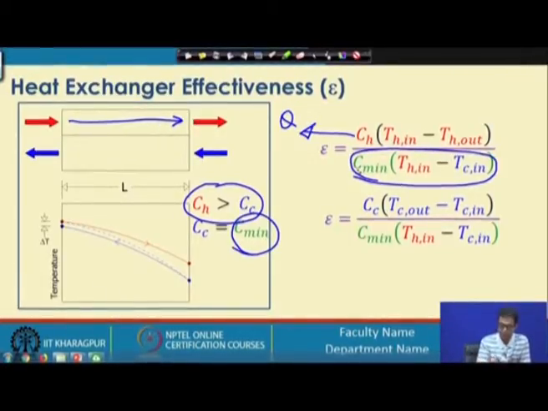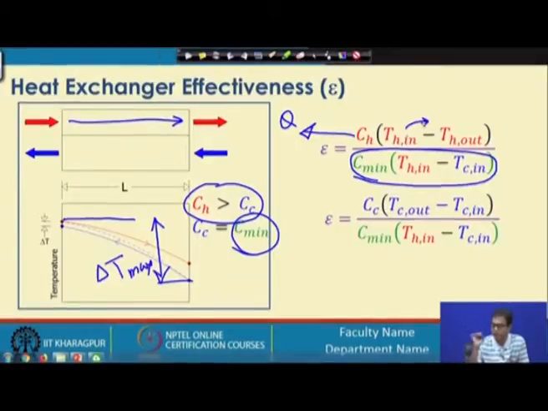So, C min, the cold fluid, and T H in minus T C in, that is the maximum difference in temperature, delta T max, multiplied by C min, and this is relating to the hot fluid enthalpy change.